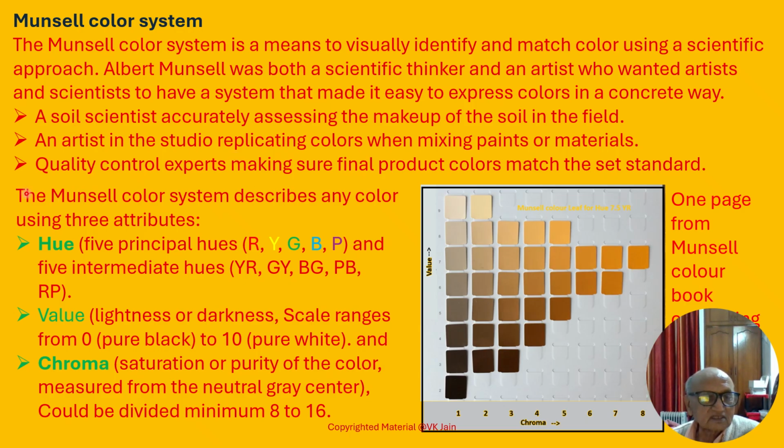The Munsell color system describes any color using three attributes of color. Hue: five principal hues are red, yellow, green, blue, and purple, and five intermediate hues are YR, GY, BG, PB, and RP.